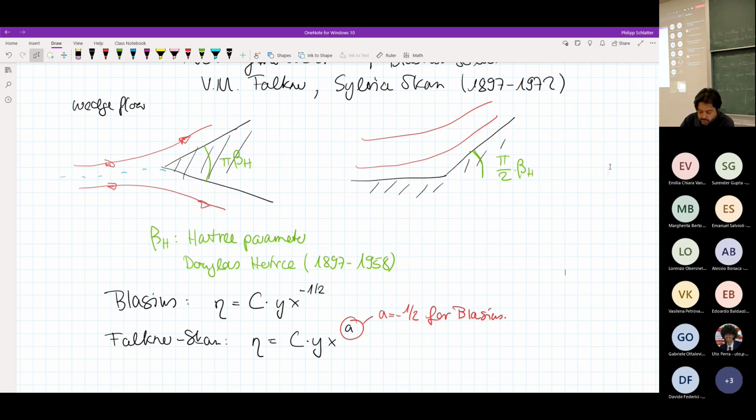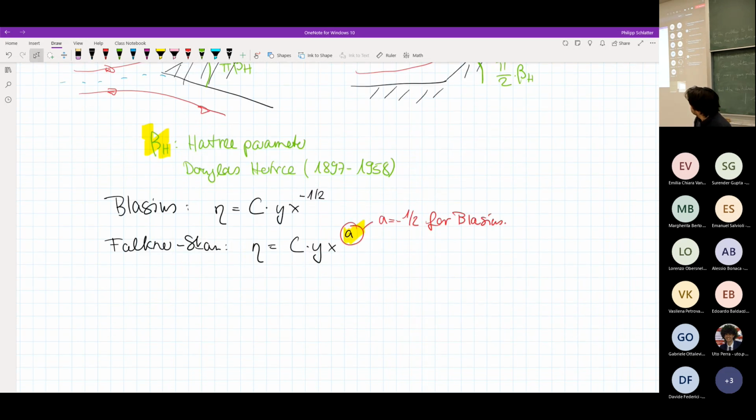And actually, the connection now to the wedge flow, and in particular this exponent a and this Hartree parameter, so this, the angle. This connection essentially comes from Hartree. So that's the calculations that he did.